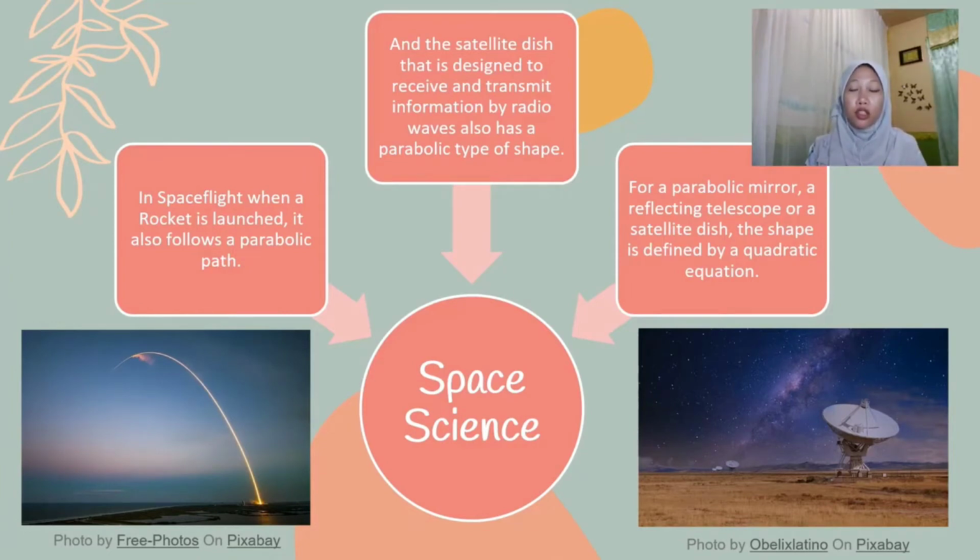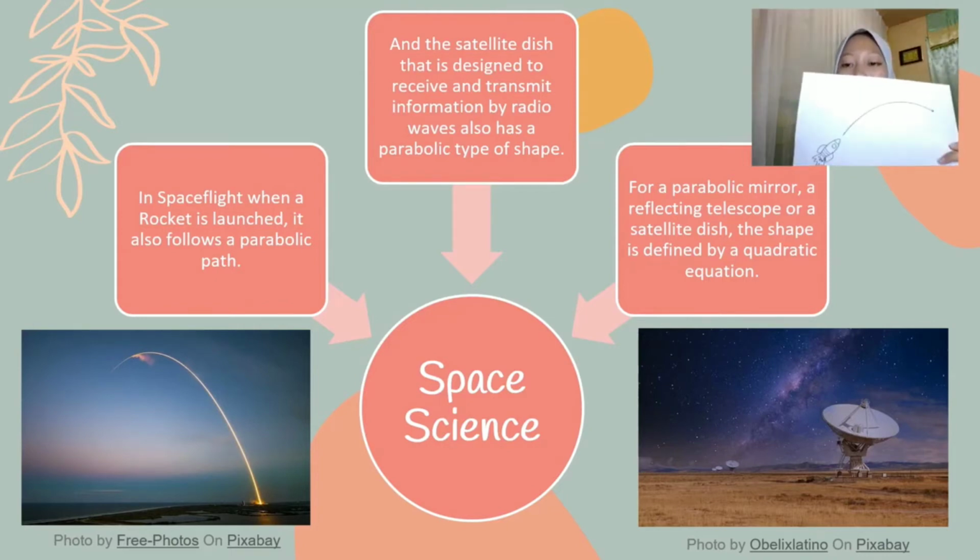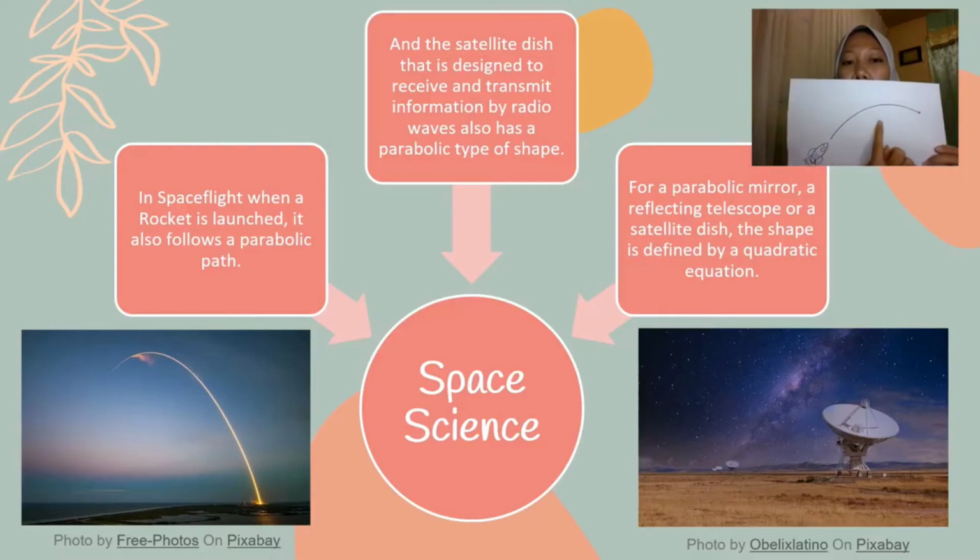Did you know quadratic functions are also applied in space flight? When a rocket is launched, it follows a parabolic path. You can see this is a rocket, and when it launches, it follows a parabolic path.